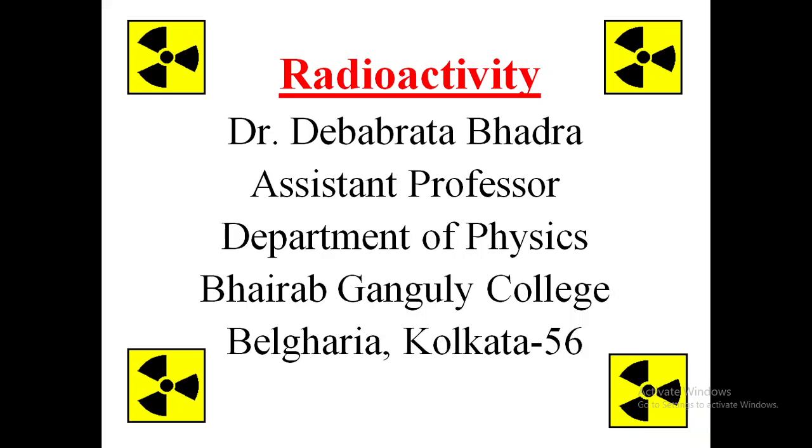From the class 2 level, you have already heard of radioactivity, which is nothing but the phenomenon exhibited by the nuclei of an atom as a result of nuclear instability, right?